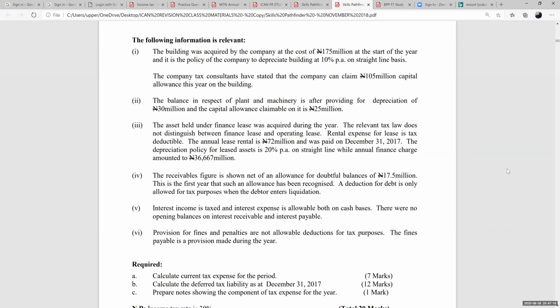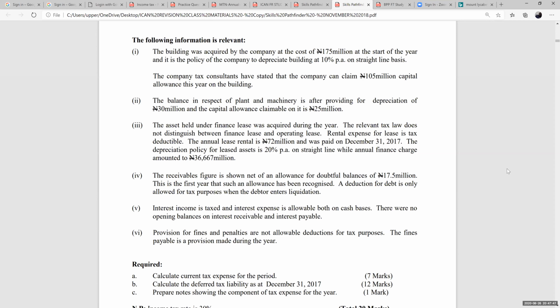And it is the policy of the company to depreciate building at 10% per annum on straight line basis. The company tax contribution have stated that the company can.